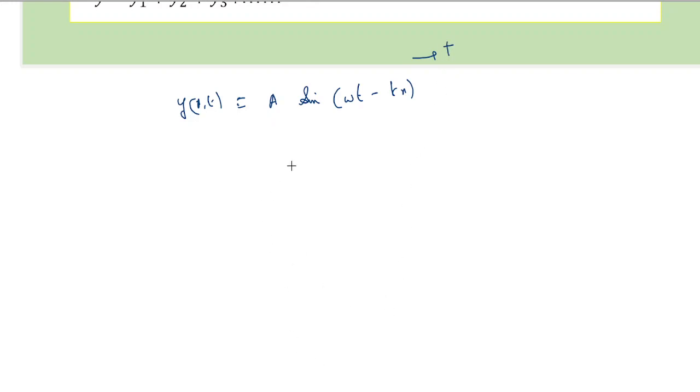And this means that the form of this would be of this kind, where this height is called the amplitude, this is y, this is t, and this will keep on changing.